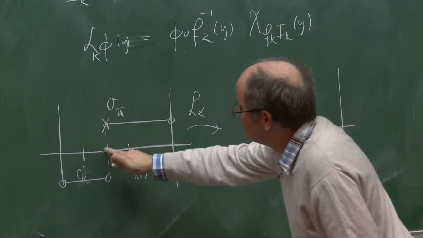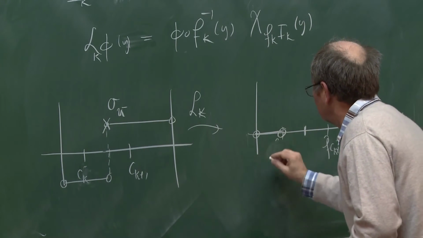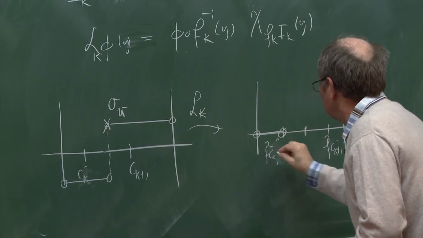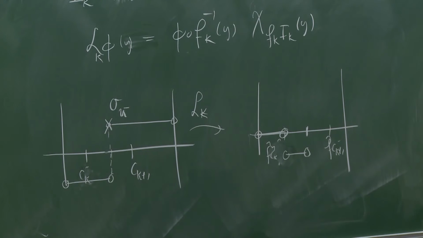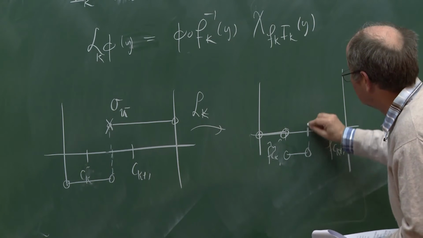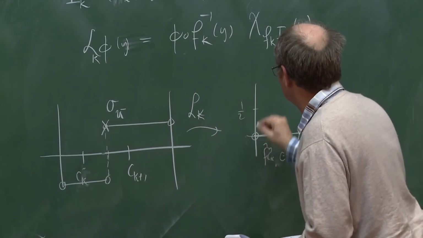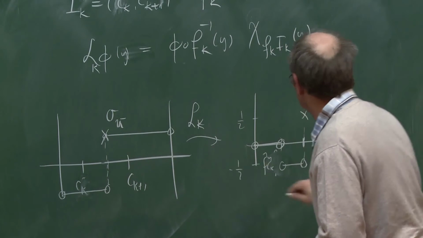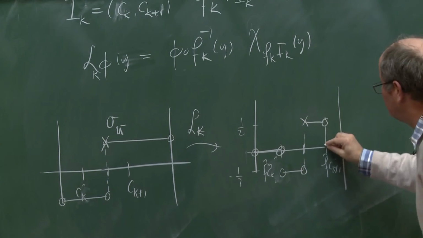Then the point u here will be mapped somewhere here. And this would give rise to something like this if I have preserved orientation. And then here you will get the value 1/2. And then you will be mapped to this point here. And again, you will get chopped off outside.